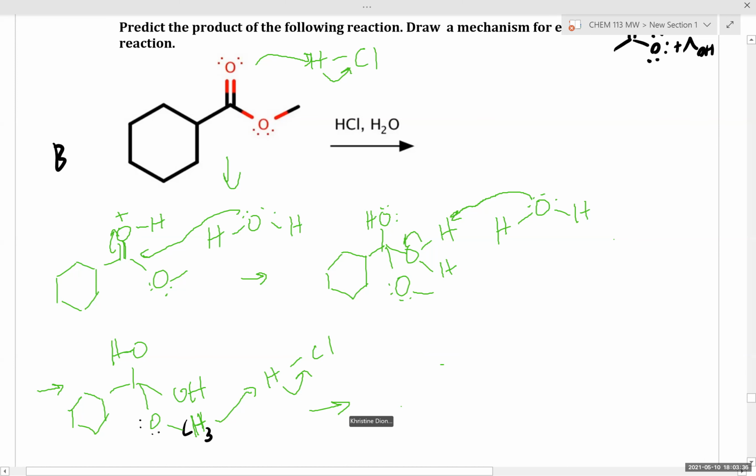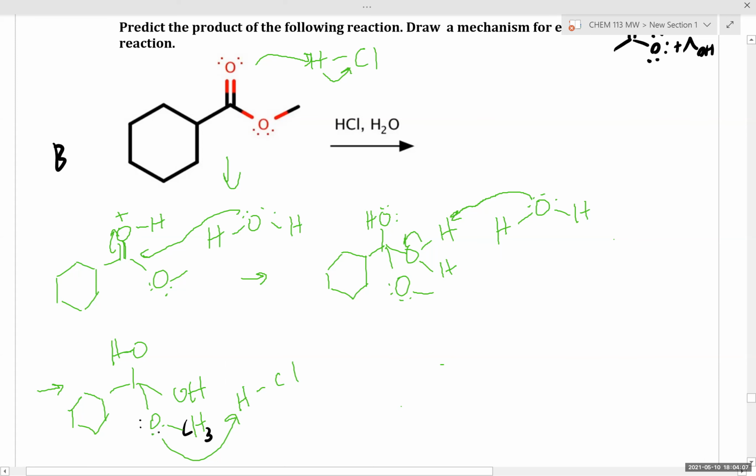So looking at the arrow, I would revise this first arrow to show what lone pair is pulling the proton. What lone pair is being used to pull off that proton? So if we wanted to protonate our methyl ester oxygen, we draw an arrow from the lone pair to our proton source.